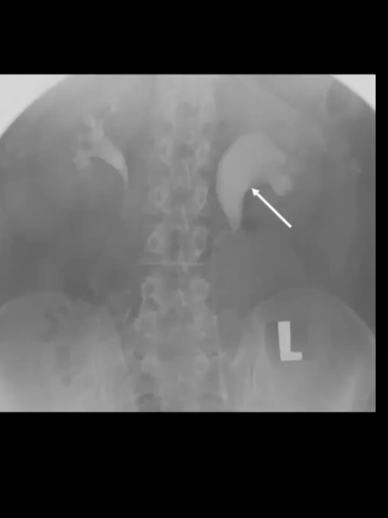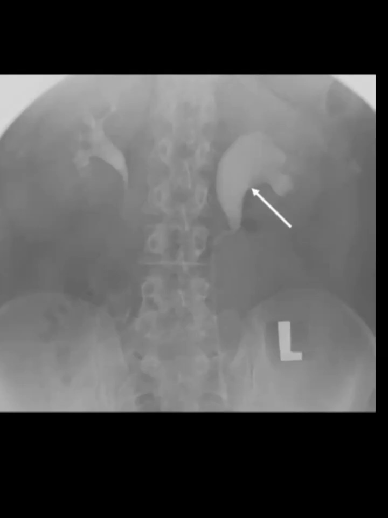And this is the study that has been done after 45 minutes. So actually, the right side has eliminated the contrast almost wholly, but the left side still has a hydronephrosis as well as a narrowing. So the time of study is also important.